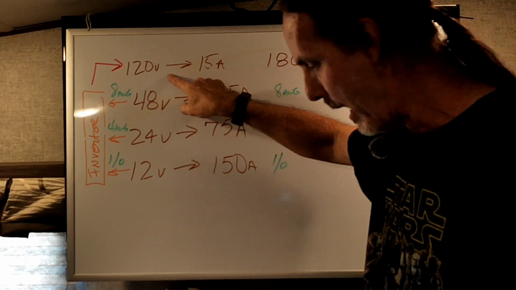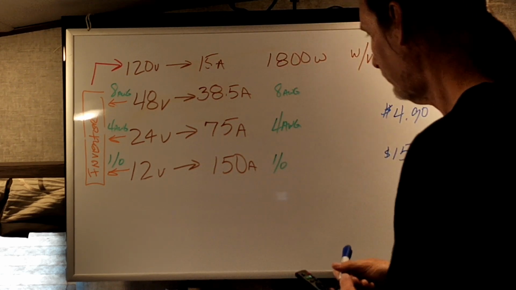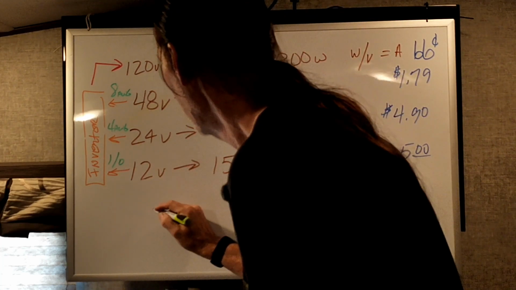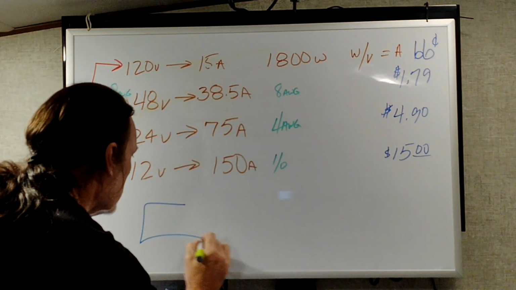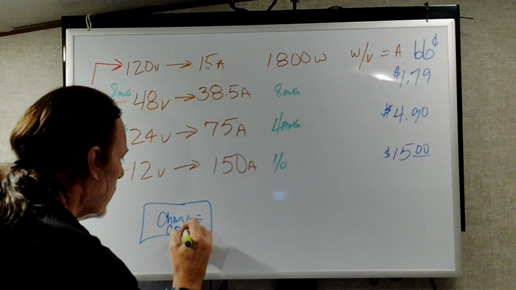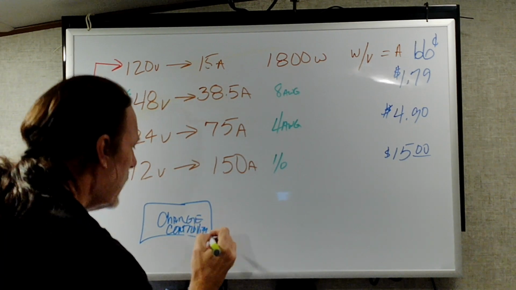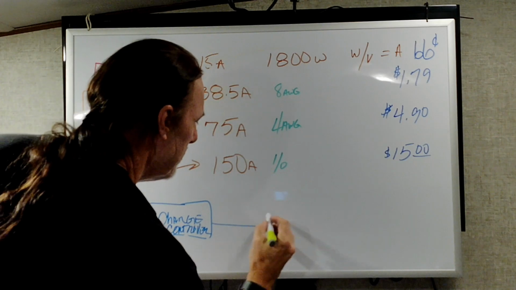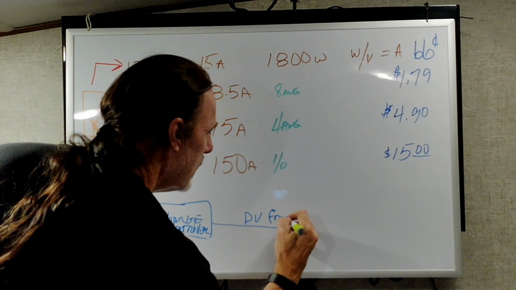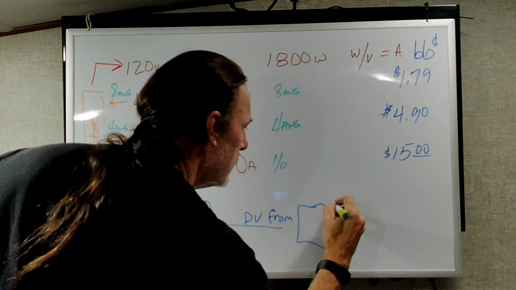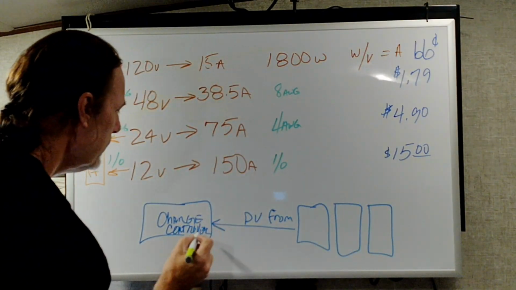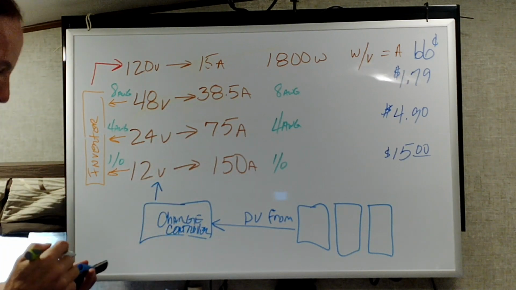But now we need to talk about what it takes to get the power, it's what we call a charge controller, and to take the PV from solar panels and put them into these batteries.